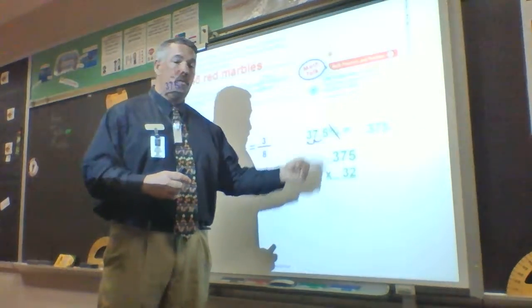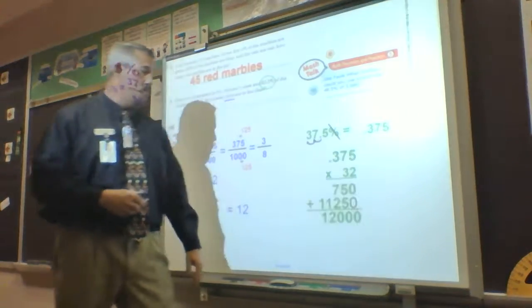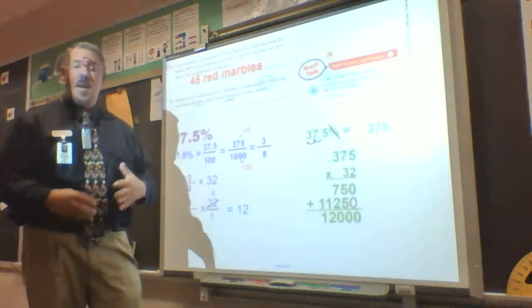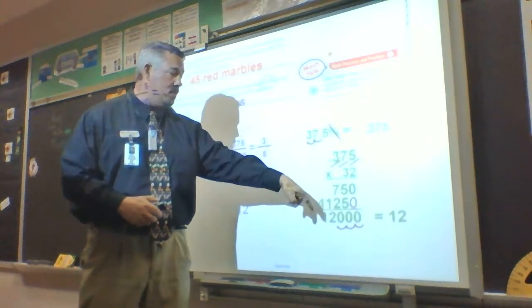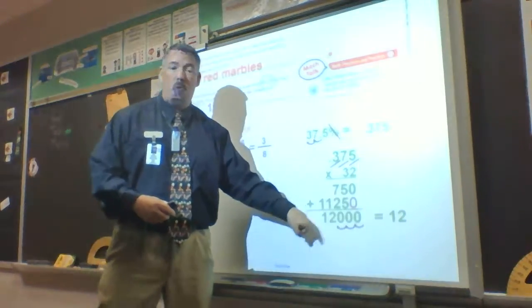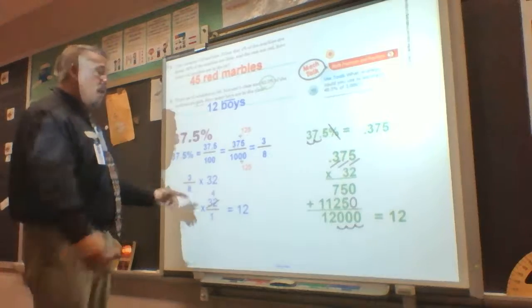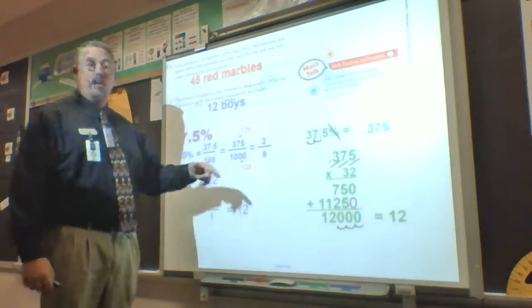I multiply by my 2's, bring down that 0, multiply by 3's. That gives me 12000 once I add them, but I have this times 3 decimal spaces. So I know I move my decimal 3 times. Once again, I get 12. It's 2 routes, same answer. I know I have 12 boys in Mr. Marino's class.